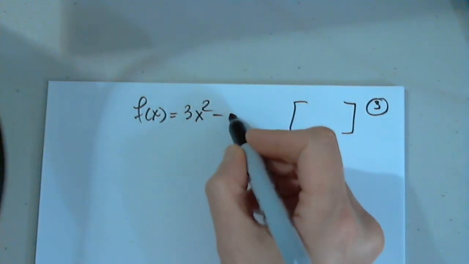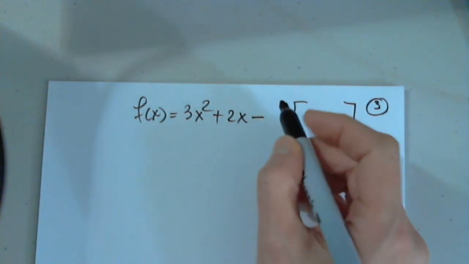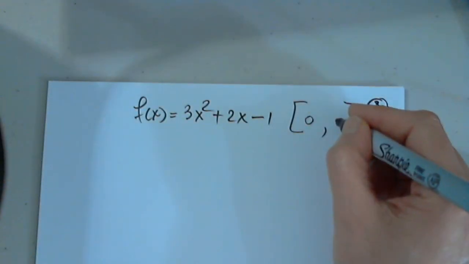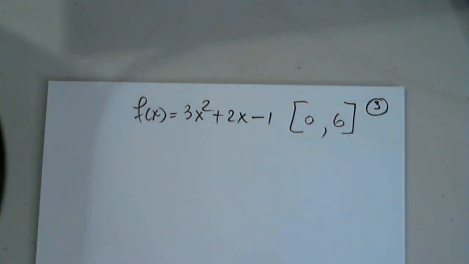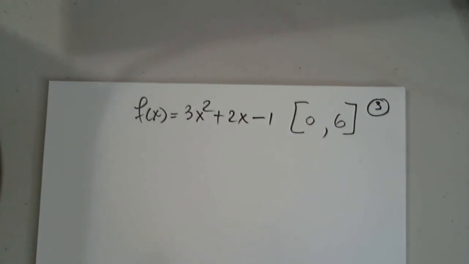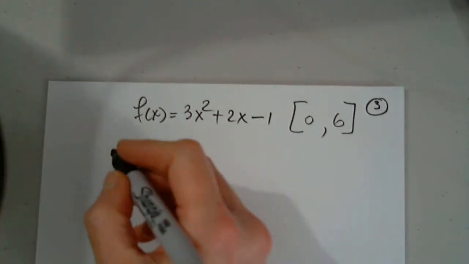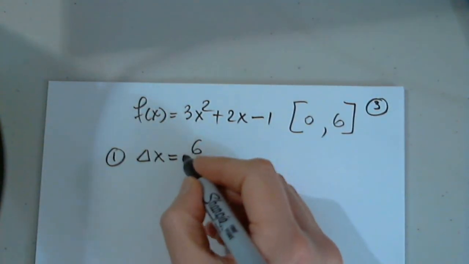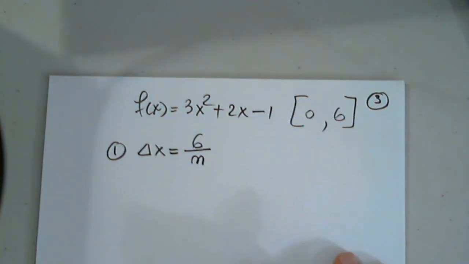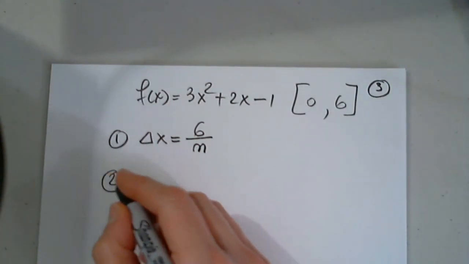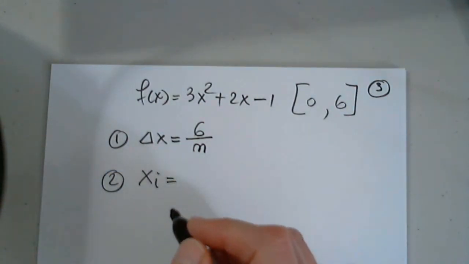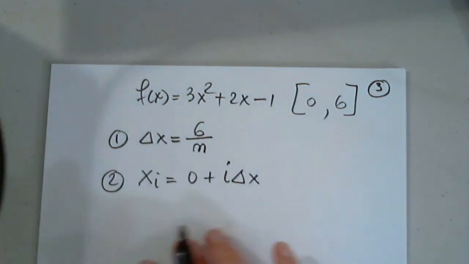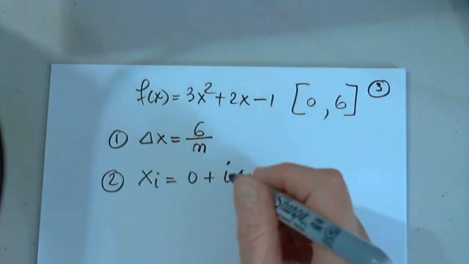Okay, 3x squared plus 2x minus 1, and let's say 0 to 6. Okay. So the preps: delta x is 6 minus 0 divided by n. Number 2, xi is always 0 plus i delta x.